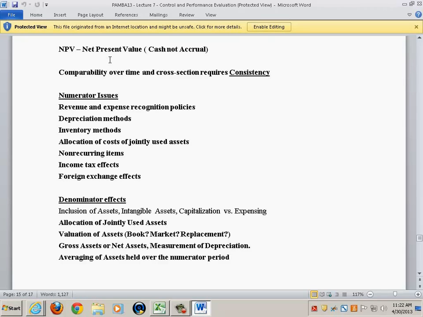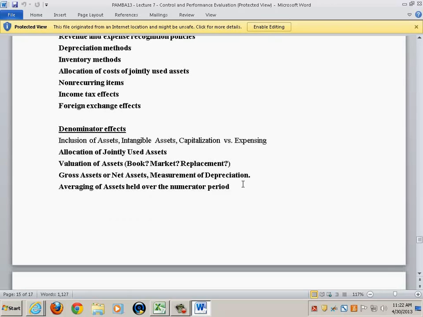So let's look at the denominator effect. In the denominator, remember, ideally, for the return on investment measure to be comprehensive, we want to try to include all the productive assets that participate in the generation of the profits or the earnings that we measure.